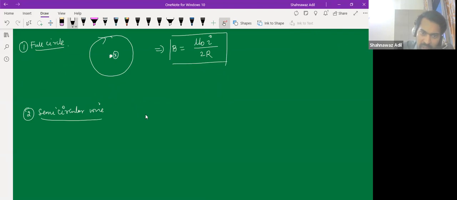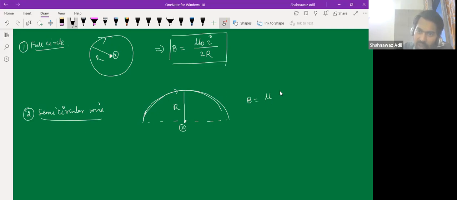So for a semicircular wire, at the center, let's say this is R, this is R, and this is like this. So again, magnetic field would be cross, and the magnitude is how much?